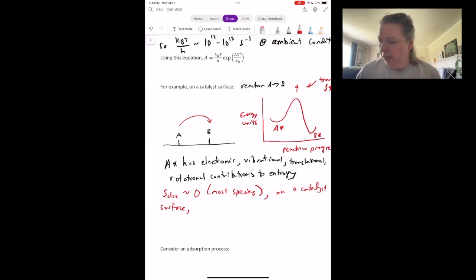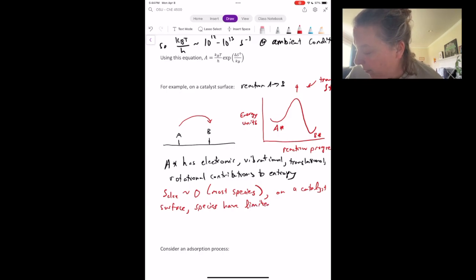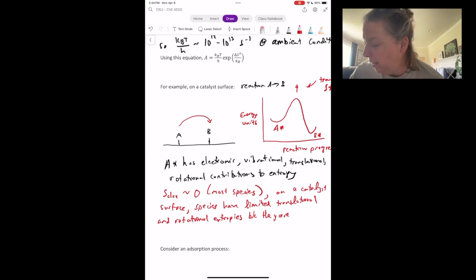Let's, for the sake of ease, say on a catalyst surface, species have limited translational and rotational entropies because they are fixed to the surface.